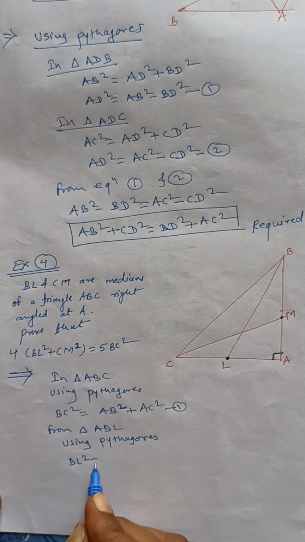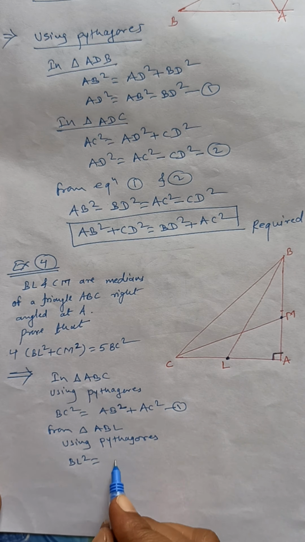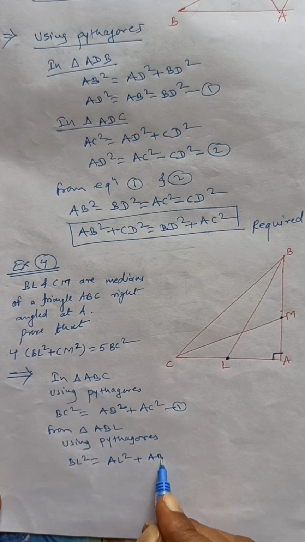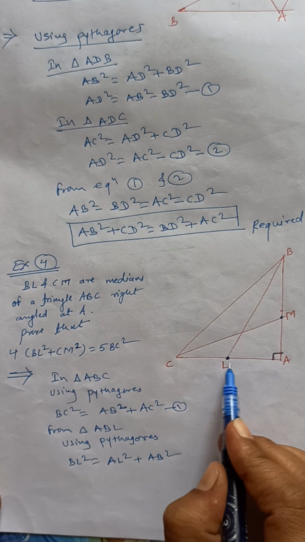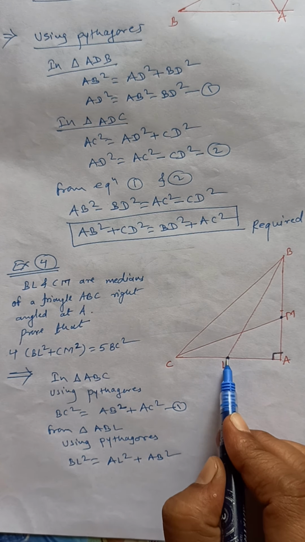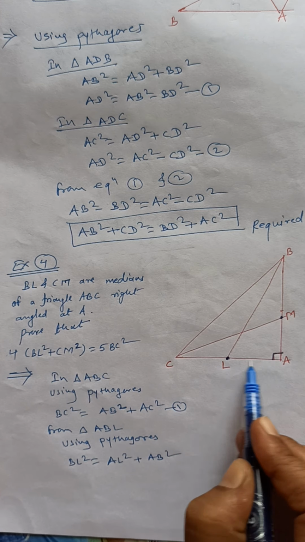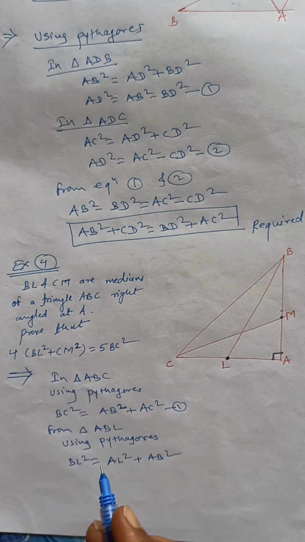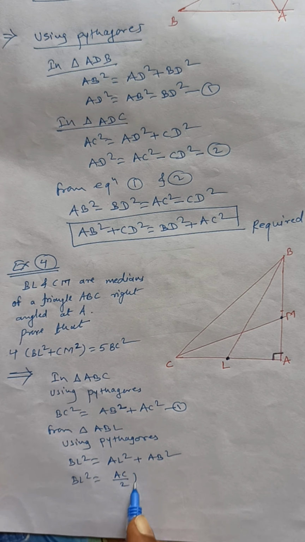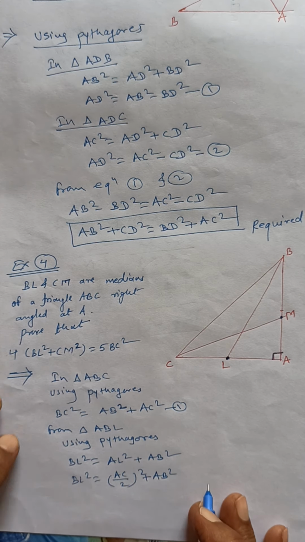So BL square is equal to AL square plus AB square. What is AL? L is the midpoint of AC. Can I say that AL is half of AC? Yes, so I'll write BL square is equal to (AC upon 2) square plus AB square.